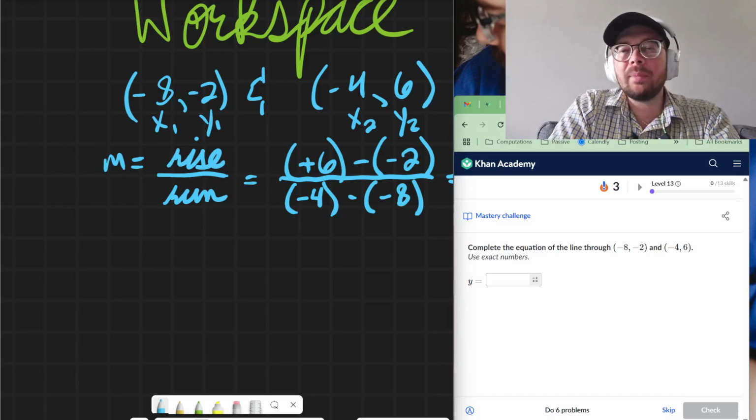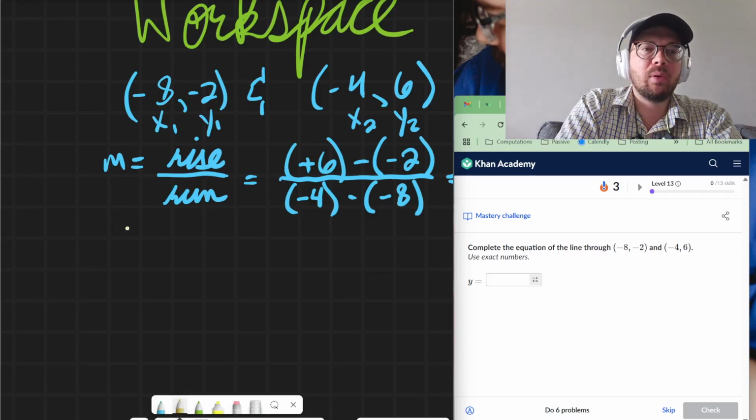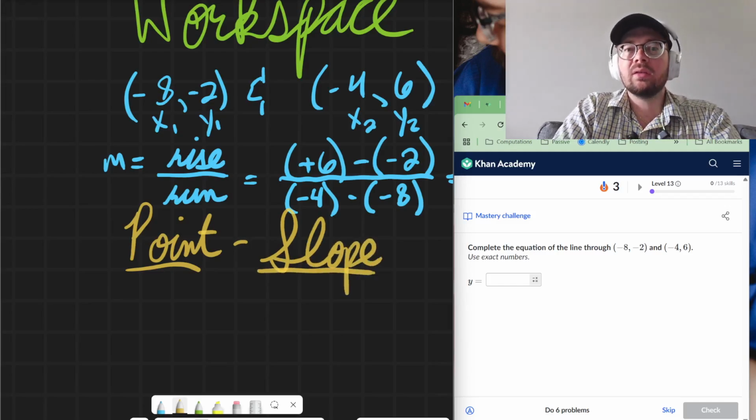So the most common thing is to know a point and a slope. If we know a point and a slope, then we can put it in point slope form.